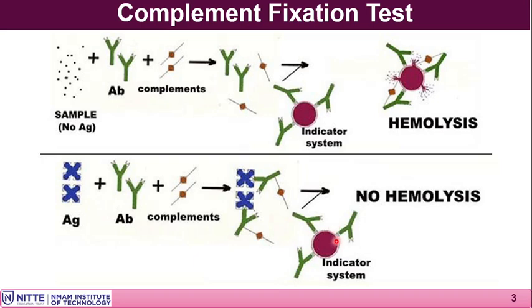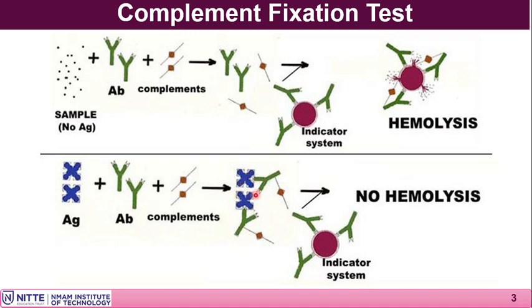To that mixture, if you add the indicator, that is sheep RBC readily bound to the anti-sheep RBC, an antigen-antibody complex, it will not undergo hemolysis as it had undergone in the previous case. Here, the complement is not available now to cause the hemolysis of the indicator, that is sheep RBC, because it is readily engaged by the antigen-antibody complex.